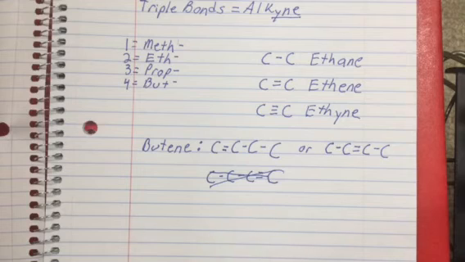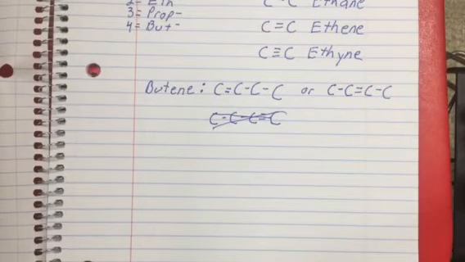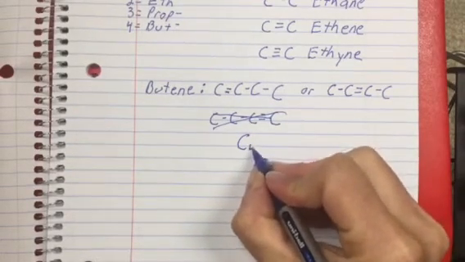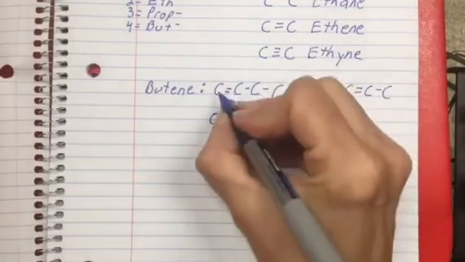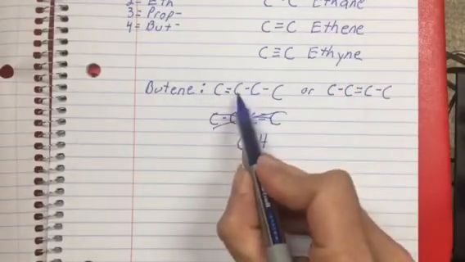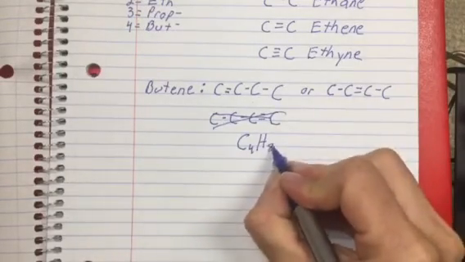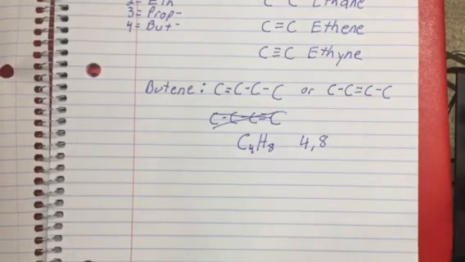Okay, so there's a lot of typing. It seems like there's a lot of writing. If you would like to shorten your molecular formulas, instead of typing in C4H, this would have 1, 2, 3, 4, 5, 6, 7, 8. Instead of typing in this, if you just want to type it in as 4, 8, that's fine too, if that saves you some time.